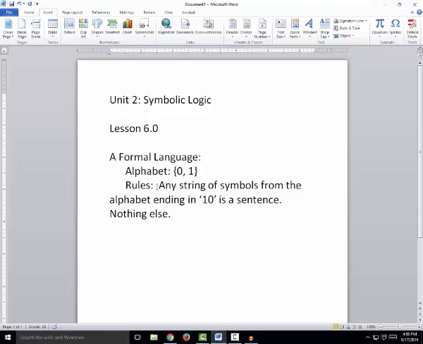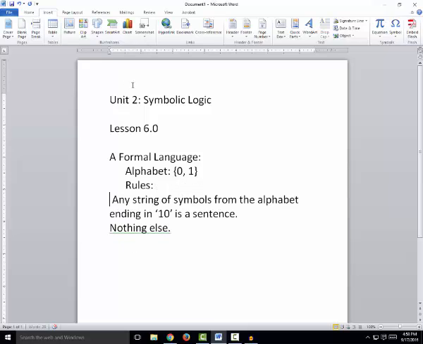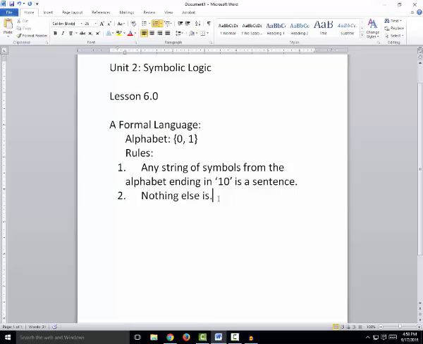Okay, so there I have two rules. And now this is a formal language. Notice I didn't say anything about what these things mean. What are these sentences? What do they talk about? The idea of a formal language is a purely syntactic idea, so I don't have to attach any meaning to it just to have that concept.